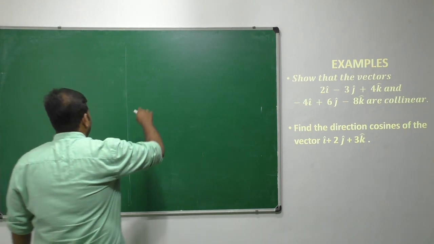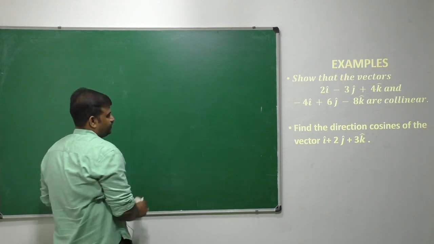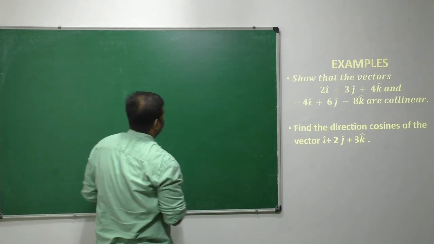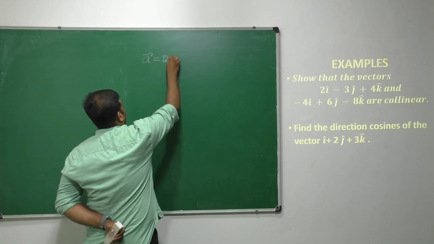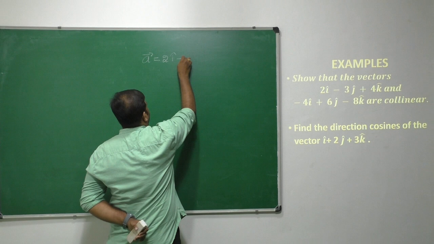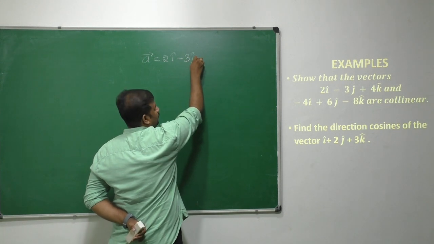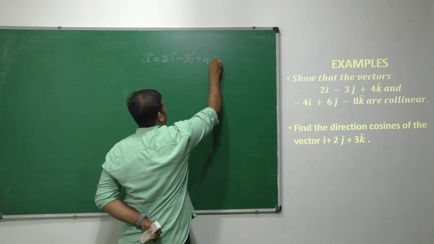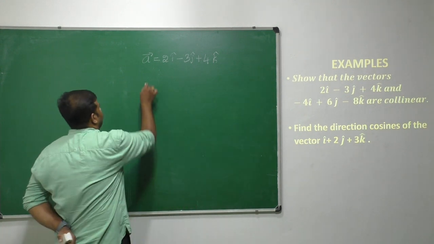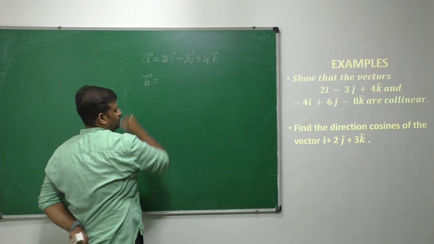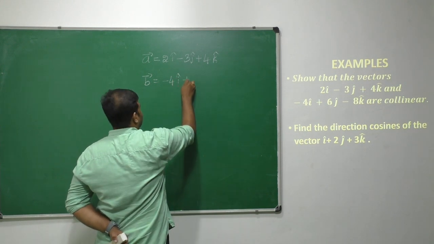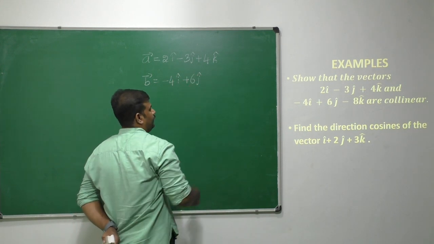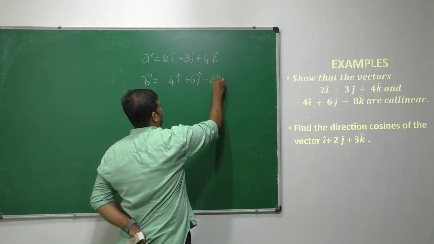First, let me take these two vectors as vector A and vector B. So vector A is equal to 2i cap minus 3j cap plus 4k cap and vector B is equal to minus 4i cap plus 6j cap minus 8k cap.